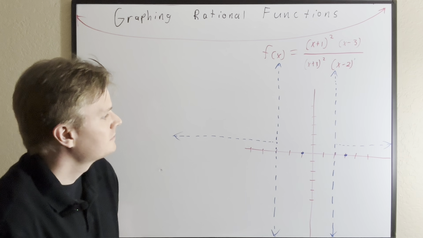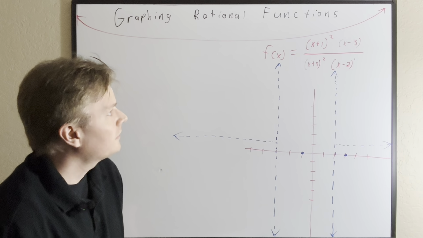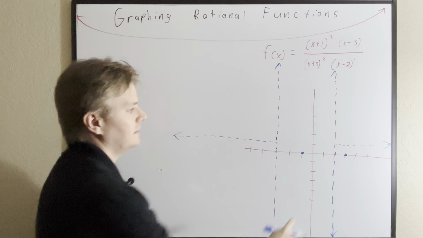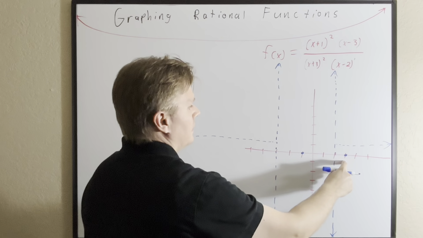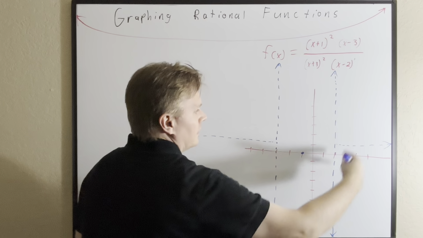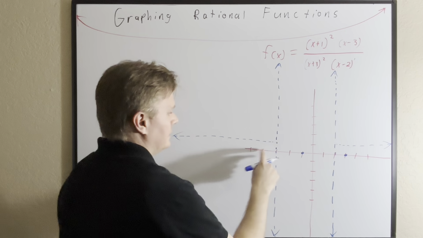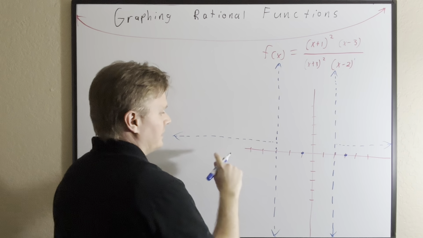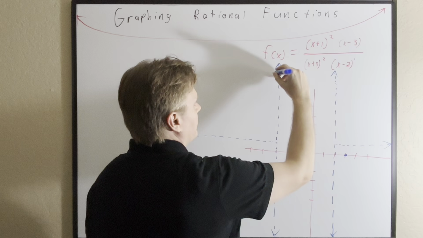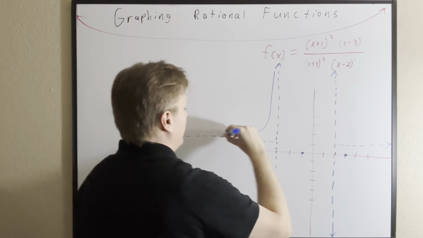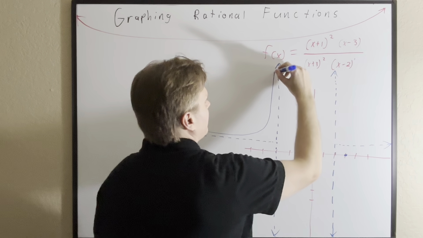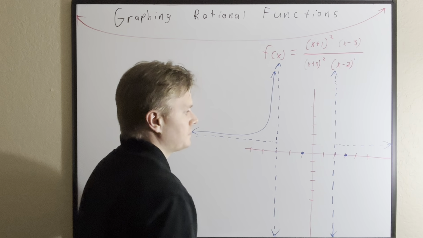All right. Now, since our x-intercept is down here, we know that our graph is going to be going this way. And since we don't have an x-intercept over here on the negative side, we know that the graph must look like this over here, right?